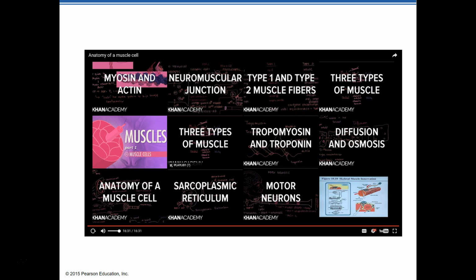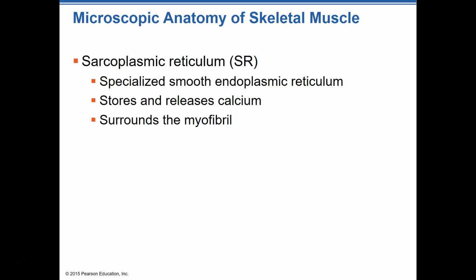It doesn't create proteins, so it doesn't have ribosomes on it, so it's all smooth. But it's a different form of smooth reticulum. It's a specialized endoplasmic reticulum, a little different than what we talked about earlier, because its main job is to store and release calcium at certain times when it's told to.